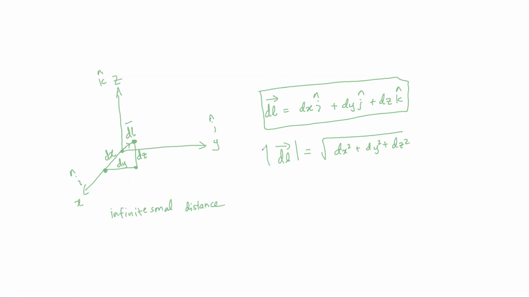So this is therefore the line element for the Cartesian coordinate system. Anyway, this is what we call the line element. Right? So for each coordinate axis, we can do the same thing.